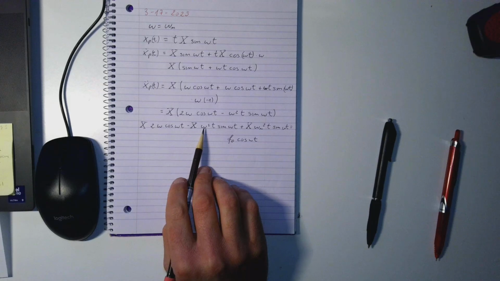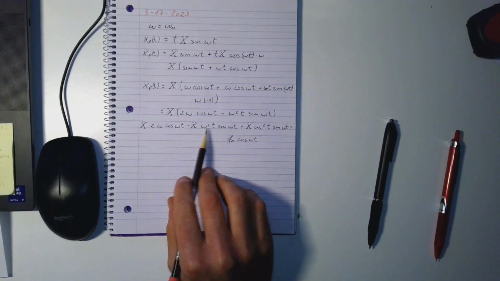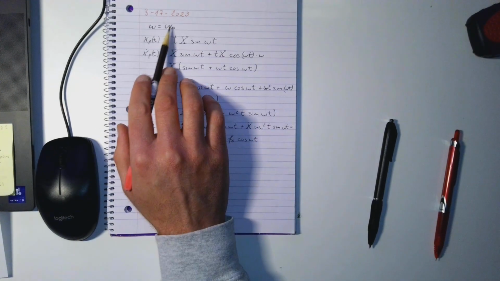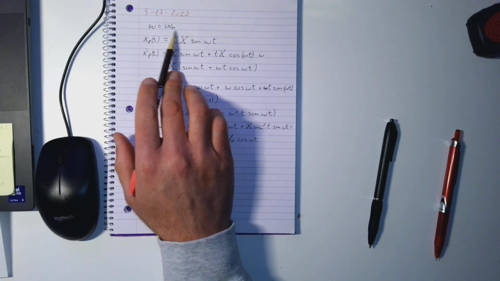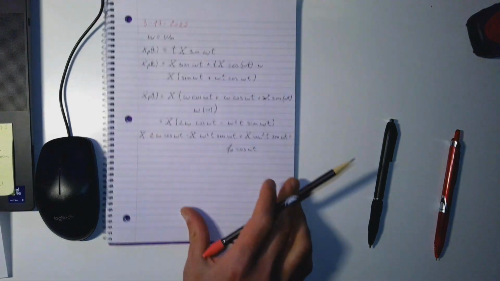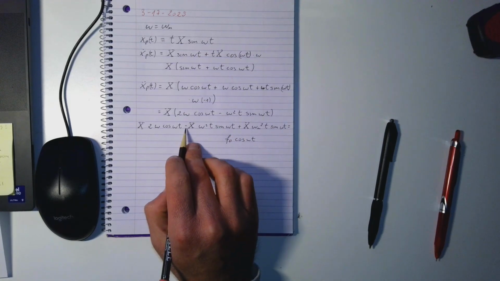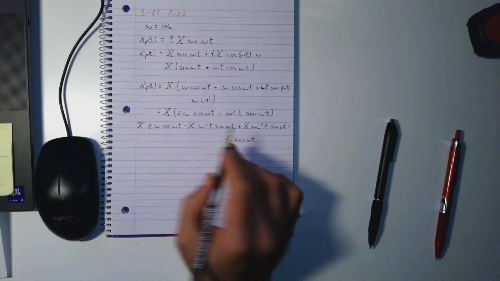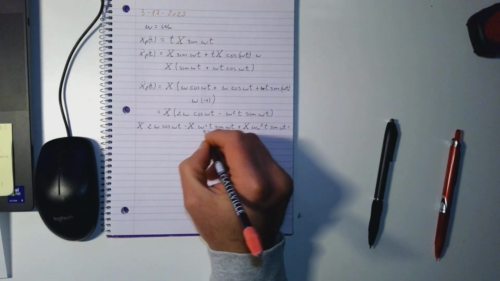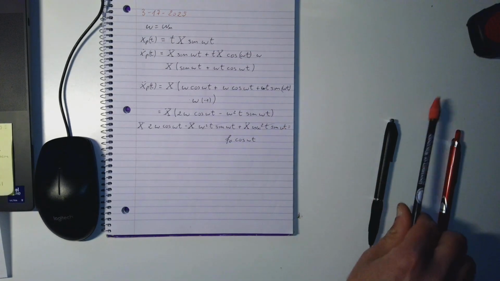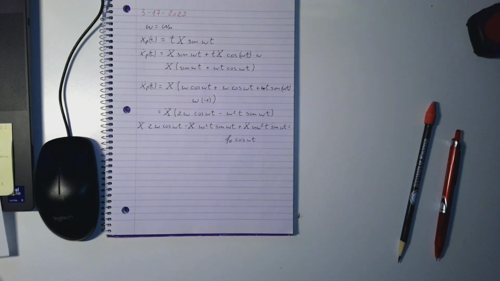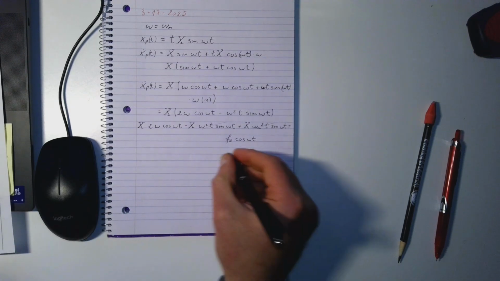Since omega and omega n are the same, remember that we are under the assumption that omega is equal to omega n, these two terms, one positive and the other negative, are actually equal to each other, so we can simply get rid of these two.